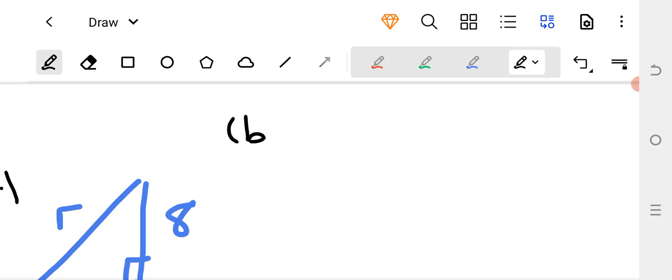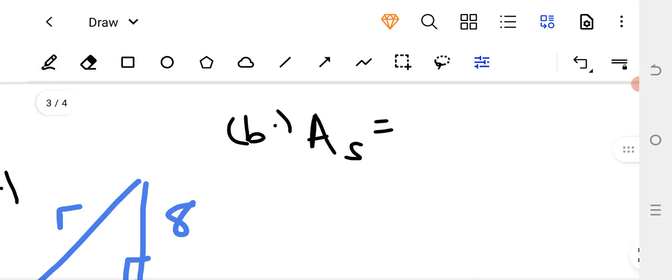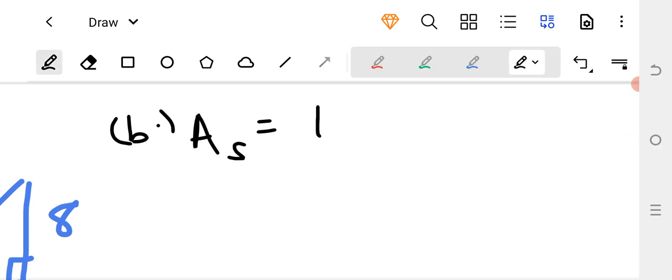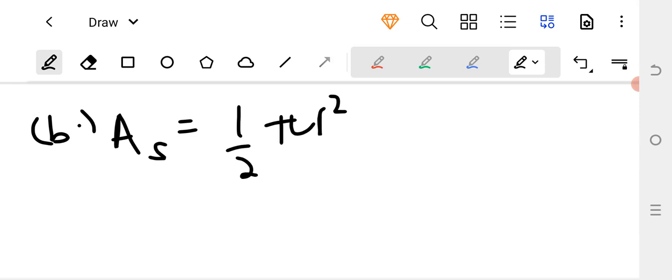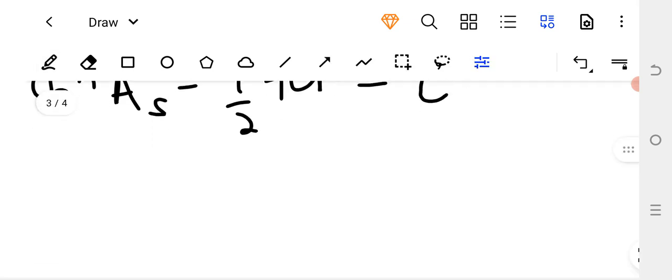So go to B. The area of the shaded region is equal to half pi r squared, and then minus L squared, which is the area of a square.